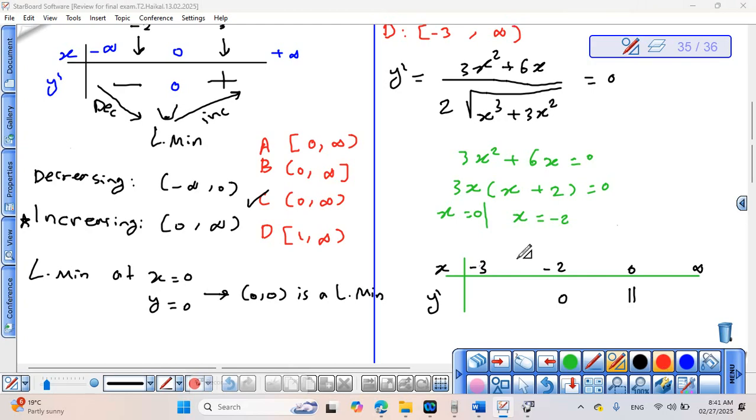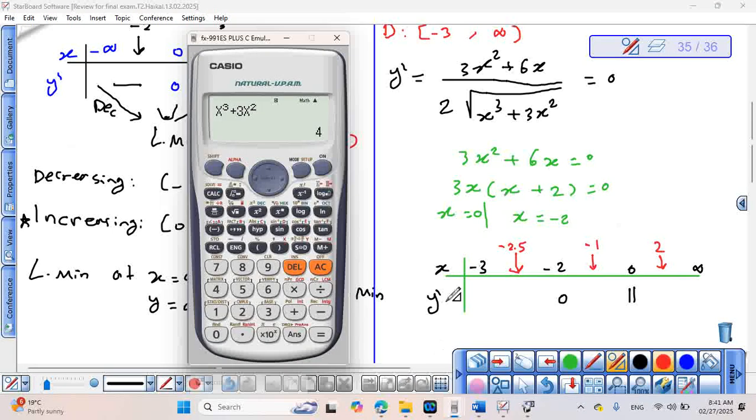Now we can select a checkpoint here, negative 2.5, here negative 1, here maybe 2 or 3, or any point. Write in your calculator the first derivative: 3x squared plus 6x over 2 radical x to the power 3 plus 3x squared.